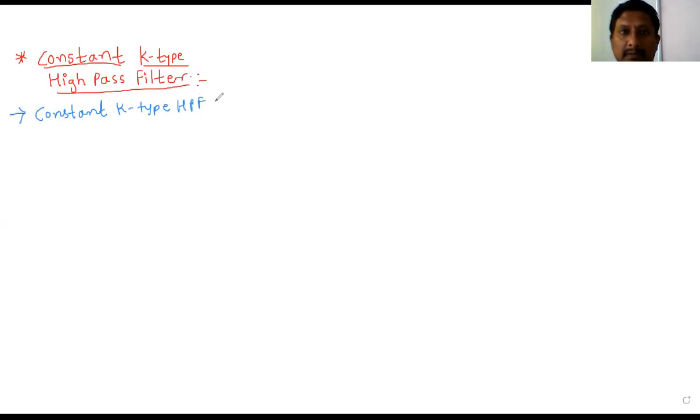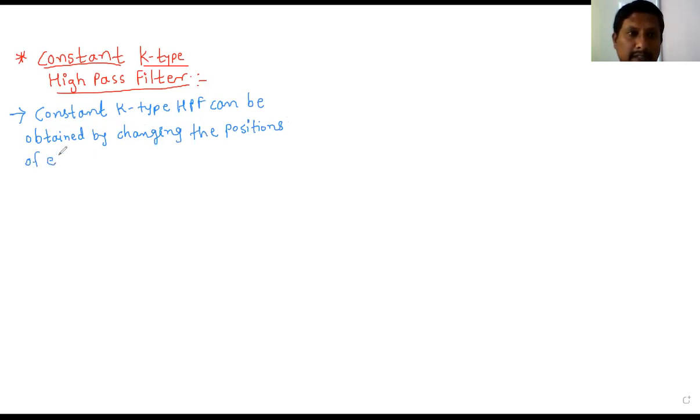Constant K-type high-pass filter can be obtained by changing the positions of elements L and C in the low-pass filter. Take the example of a low-pass filter, and interchange in it. Changing the position means interchanging; we can say exchange, interchange, whatever word you can use.